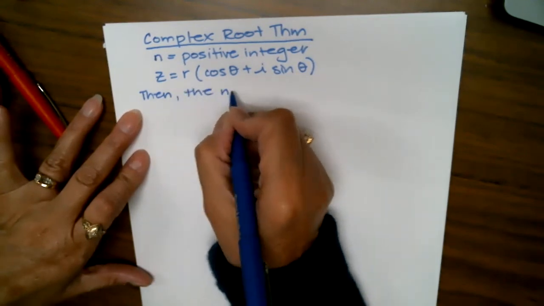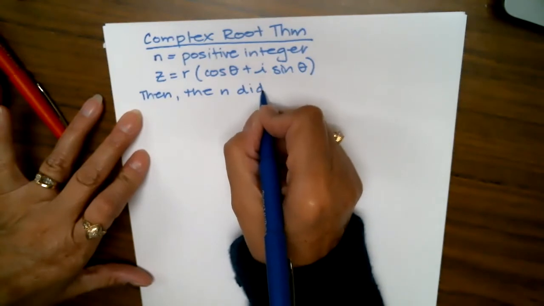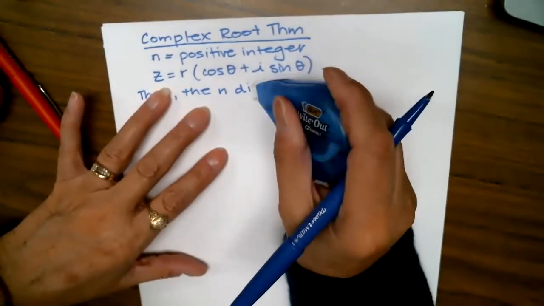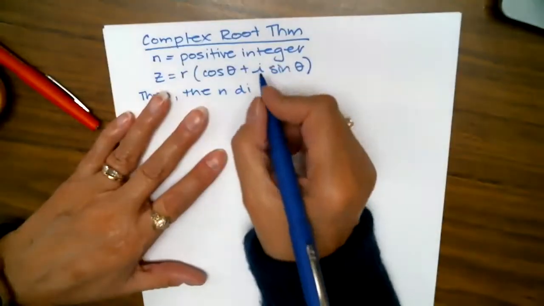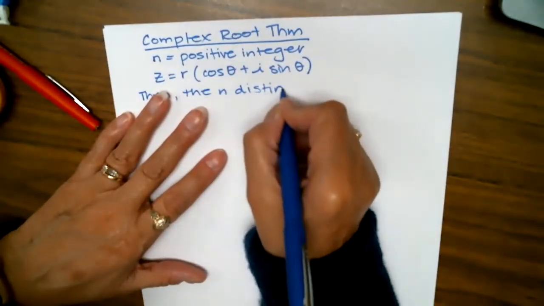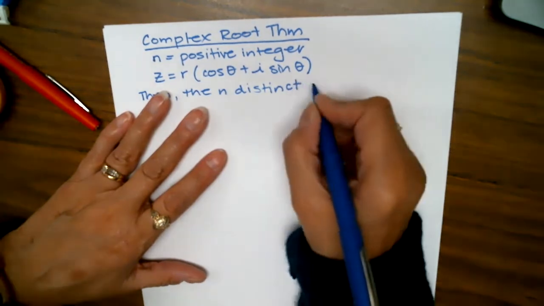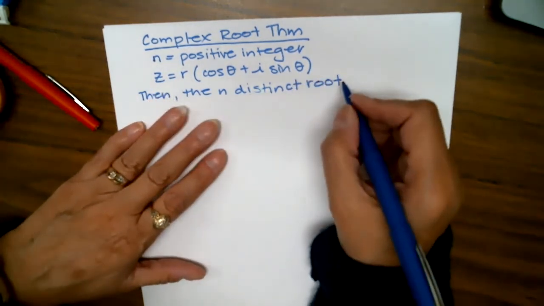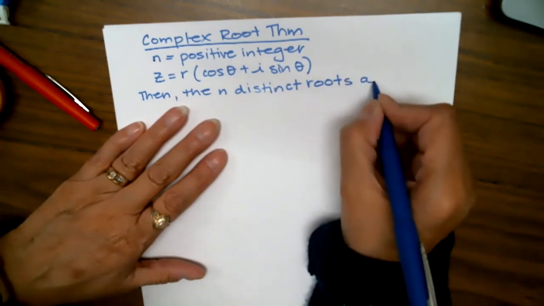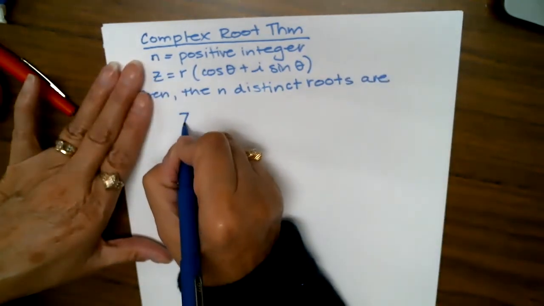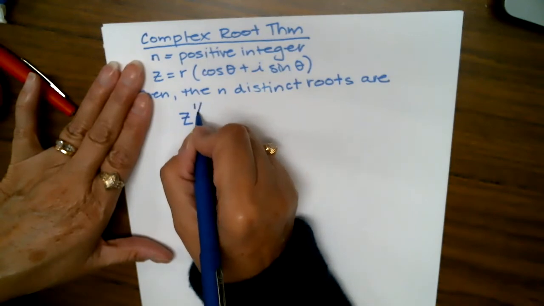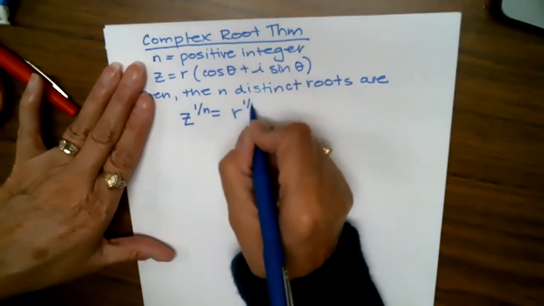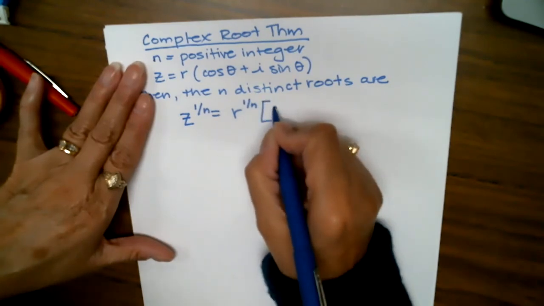Then, according to this theorem, the n distinct roots, and that means different, there are n different roots. Distinct roots are z to the 1 over n equals r to the 1 over n times the cosine.